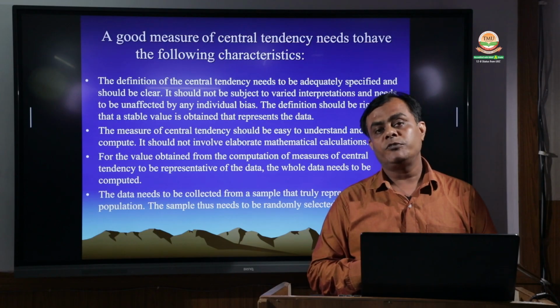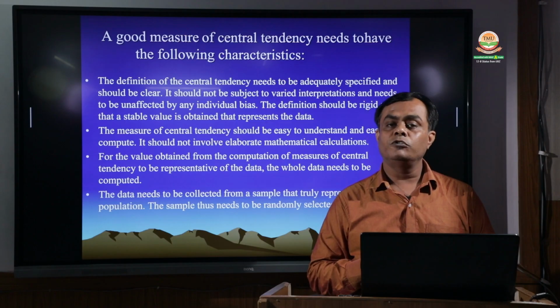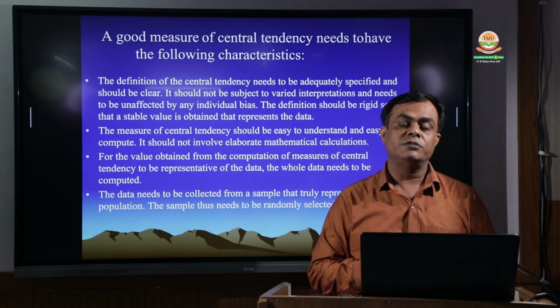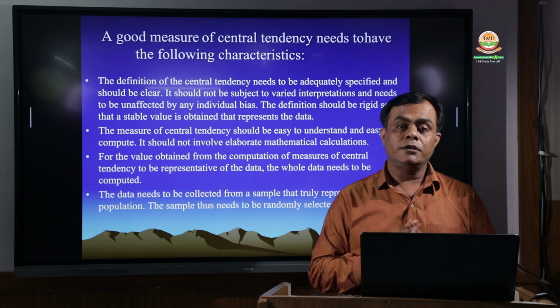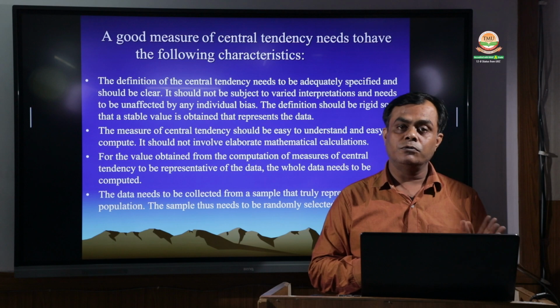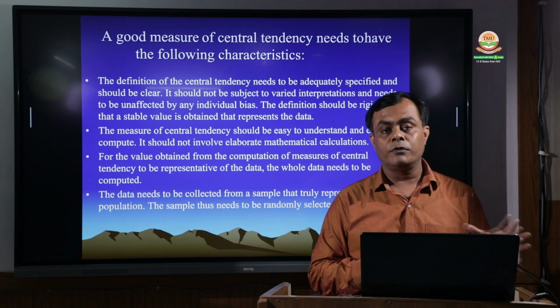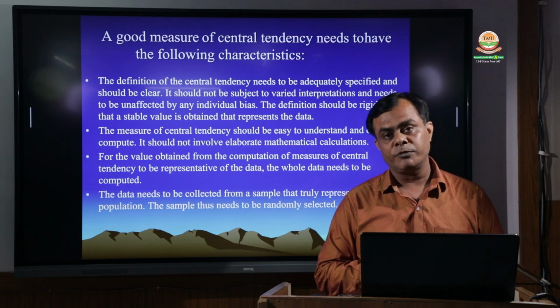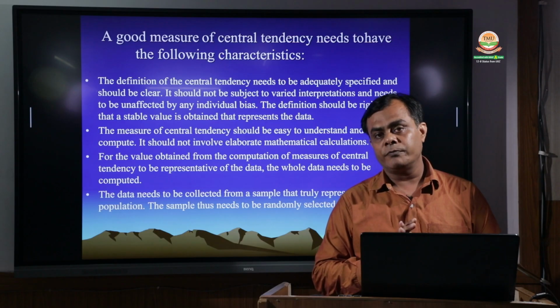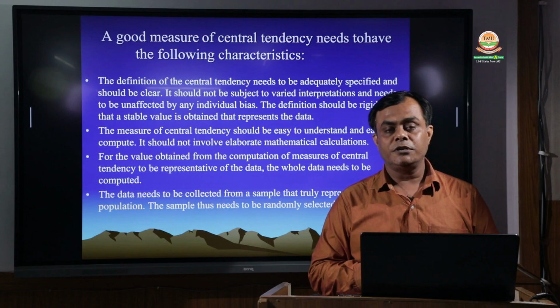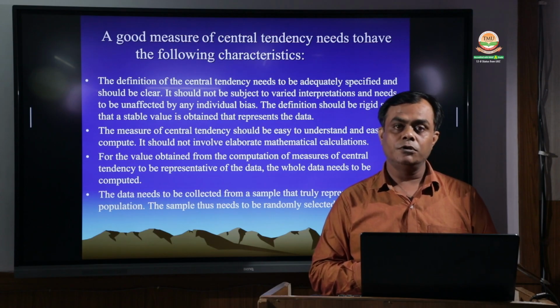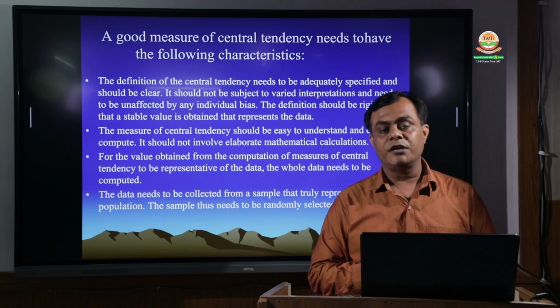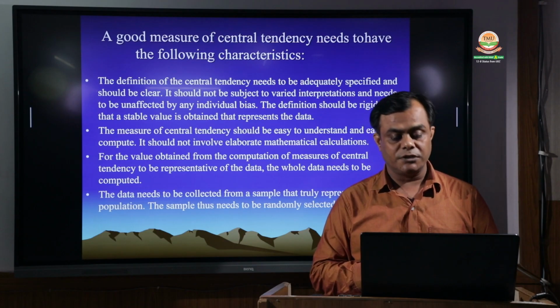Simply we can say that mean, median, mode, whatever the calculation of the measurement of central tendency, is the representative of the whole data or the whole population from which we are calculating it. It is the best representative of the whole population or whole group of data.